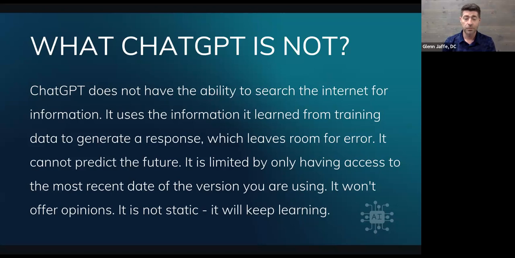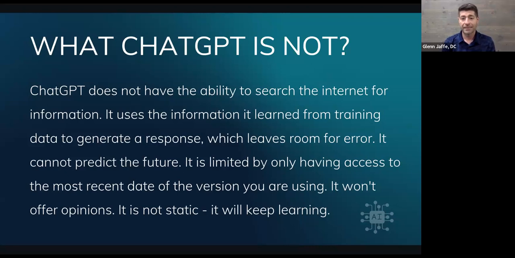This leaves room for error because ChatGPT does not know when it is wrong or when it is right. It is only giving you a response based on what it has learned. So it cannot predict the future. So do not ask it who's going to win the Super Bowl and then go run out and bet money on it. It is not a guarantee to win.